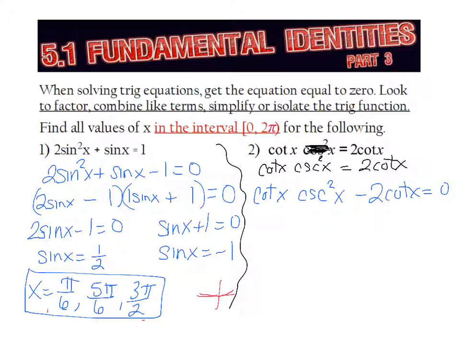Let's factor that cotangent x out and see what's left. I have a cosecant squared x minus 2. Now I'm going to set each of those equal to 0, just like we would if we were factoring normal functions.